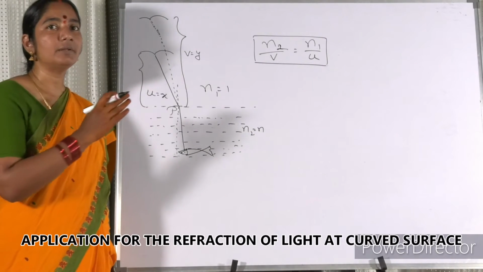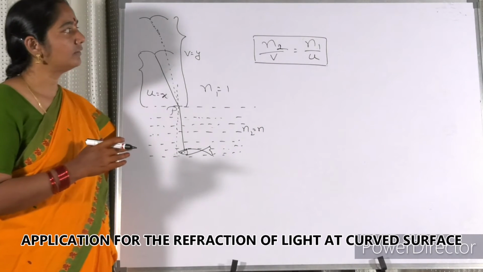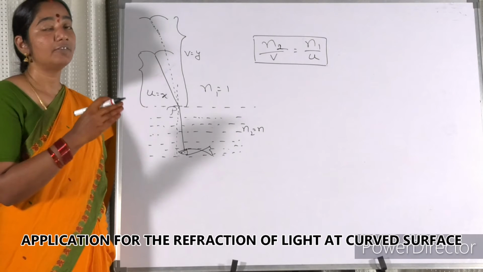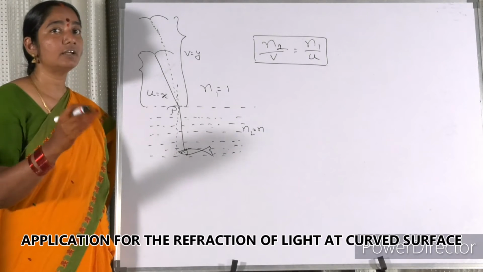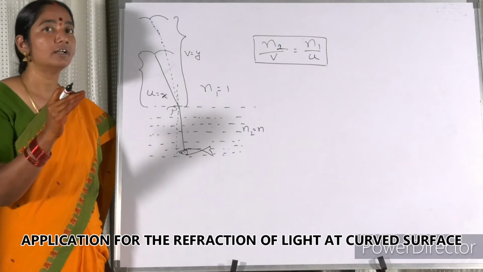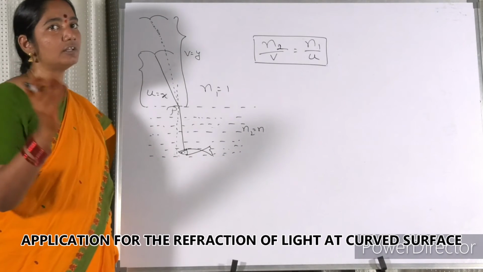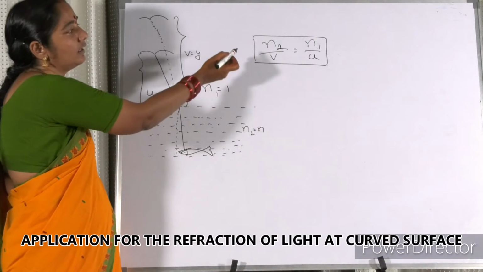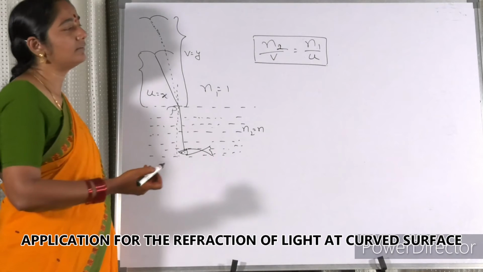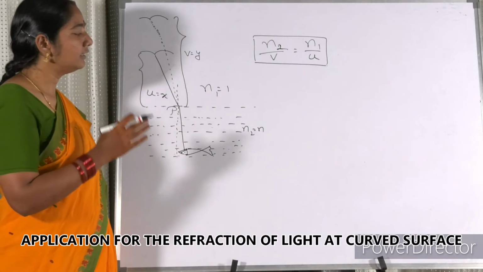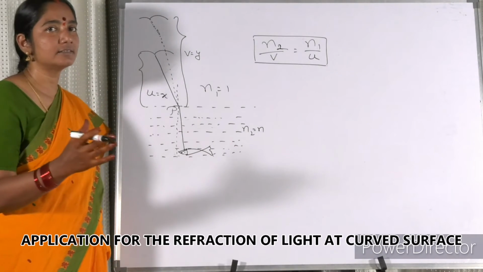Now let us see an application for the previous topic. We have discussed the topic refraction of light at a curved surface, and also we have given a conclusion that for a plane surface r is equal to infinity, and we derived this equation n2 by v is equal to n1 by u. Here in this case the question is asked like this.